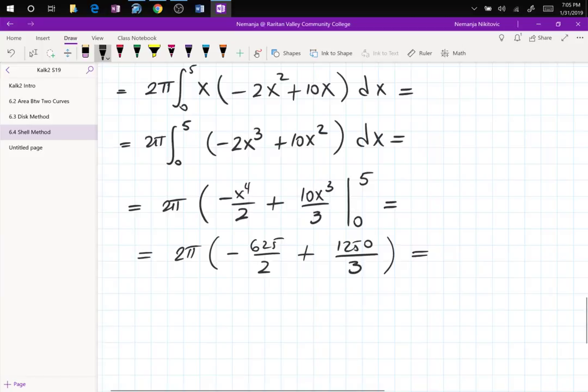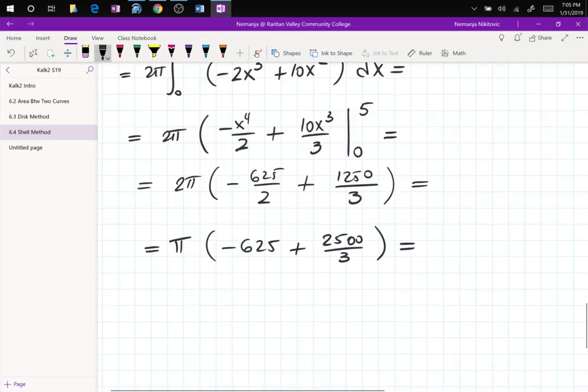Now here's the little hack that I'm going to do. I'm going to multiply with this 2. Rather than look for a common denominator, I'm going to multiply the 2, which will cancel the 2 inside. So I have negative 625, plus the 2 will not cancel 3, so you just double the number on top. That's 2,500 over 3. And now when you look for a common denominator, it's much easier, because you just have to fix one number.